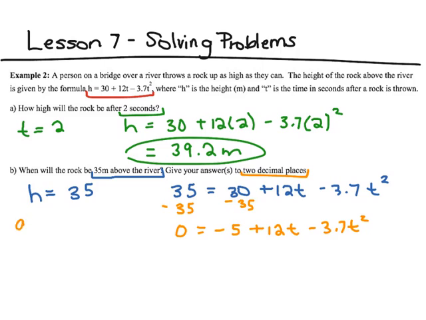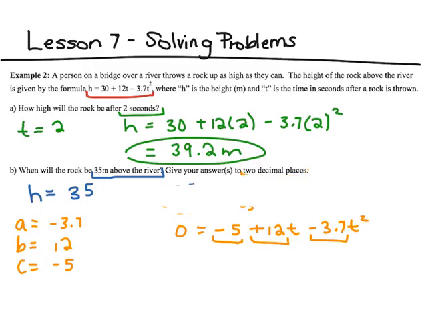Now we can find our a, our b, and our c value. Remember, a is with our squared term, b is with our not squared term, and c is our constant value. It is by itself. So we're going to plug this into the quadratic formula. I'm just going to erase this so I have some more room.